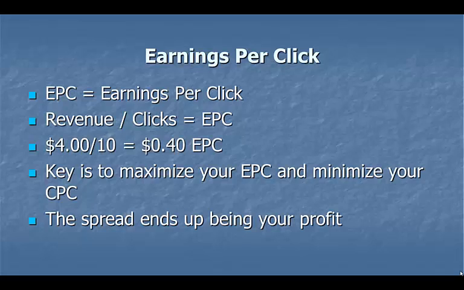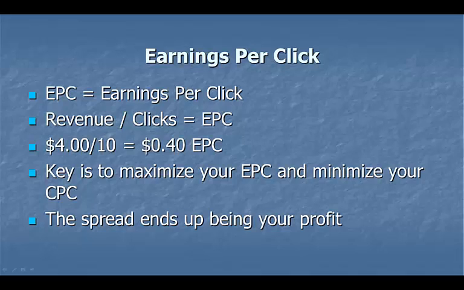You could increase your earnings per click by creating a landing page or a bridge page that pre-qualifies the prospect before you send them to the CPA offer, which could result in increased conversions. If you can concentrate on simply maximizing your EPC and minimizing your CPC, that will go a long way towards helping you create many profitable CPA campaigns.